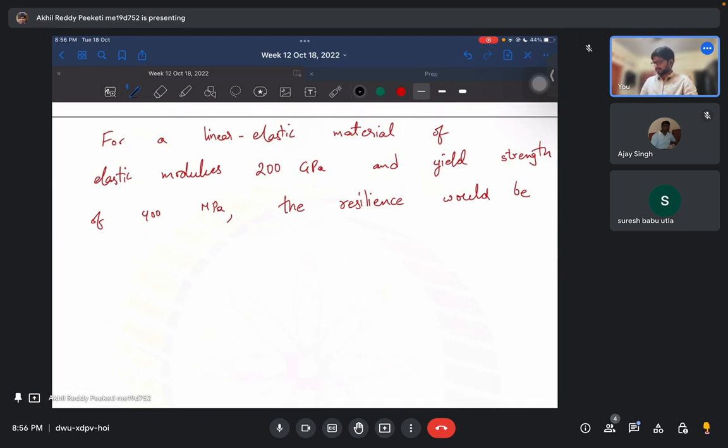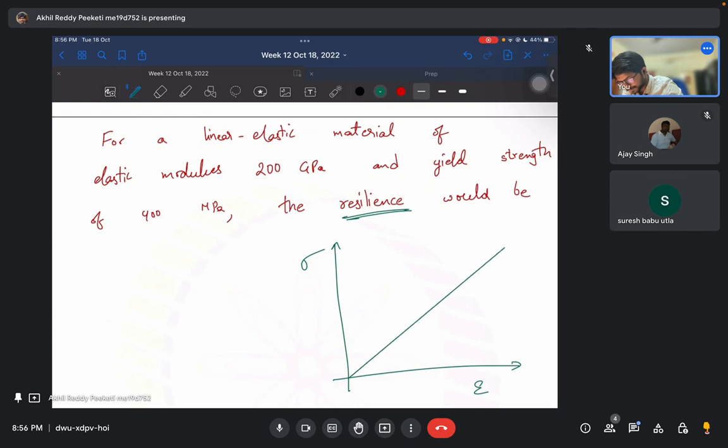Okay, so next question. We are asked about a linear elastic material, where the elastic modulus and yield strength are given. What is the resilience? We are given a linear elastic material, so a straight line, and the yield strength is given. What is the yield strength point actually?